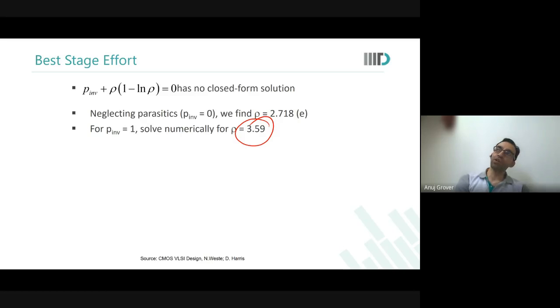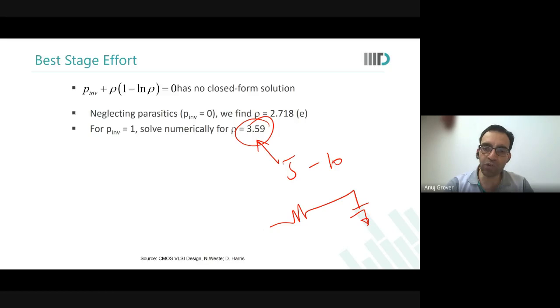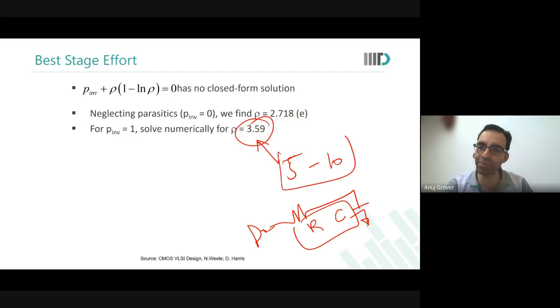For example, if you are talking about an SRAM word line that needs to be driven, or a very long global signal that needs to be driven, then you may want to increase this to 5 or 6, 5 to 10 also. Because if it's a long RC, then however big a driver you keep over here, the delay is not going to change. The delay is going to be governed primarily by this RC. Okay, so you rather save area and leakage and say, okay, let me have a bad stage ratio.